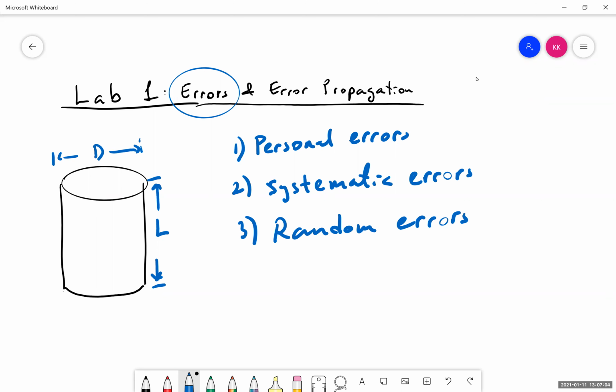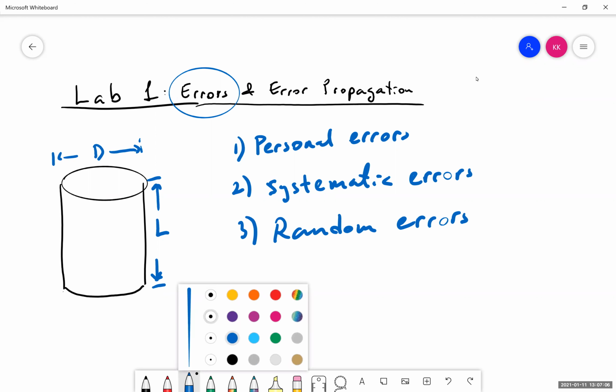Those are the three different types of errors that we can have in an experimental lab. Personal errors are, as I mentioned, when you do the experiment and don't spend time to accurately make measurements. Every person does things differently.